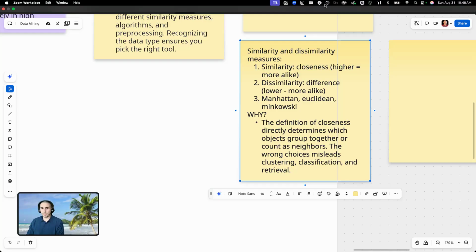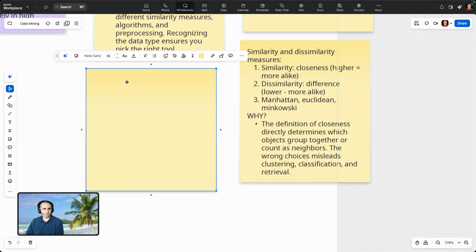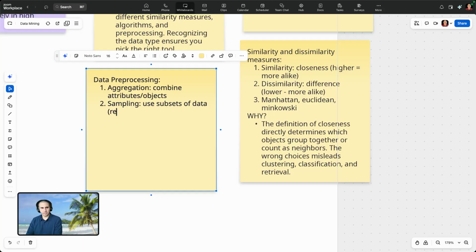Now we can go over data pre-processing. Aggregation is one: combine attributes and objects. Sampling: use subsets of data, representatives.